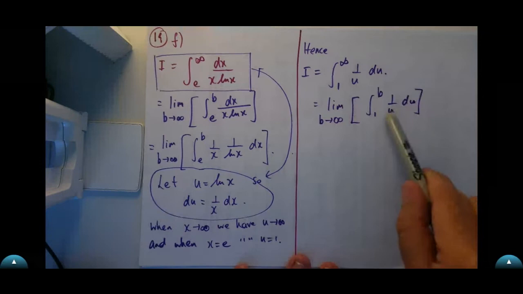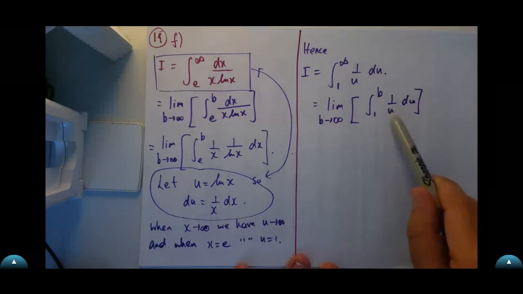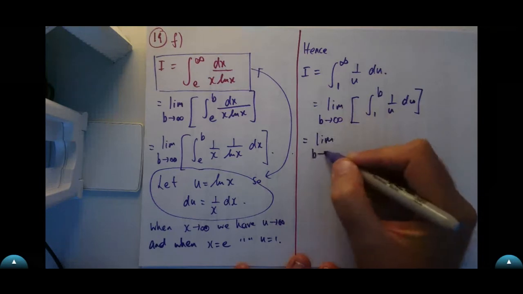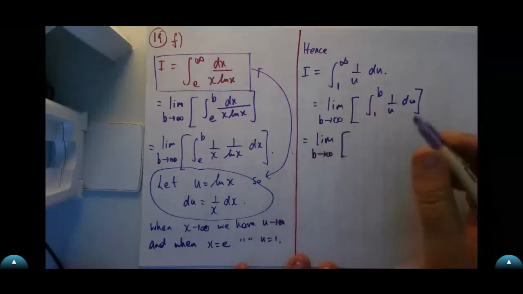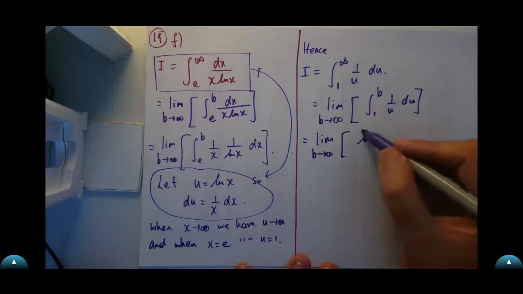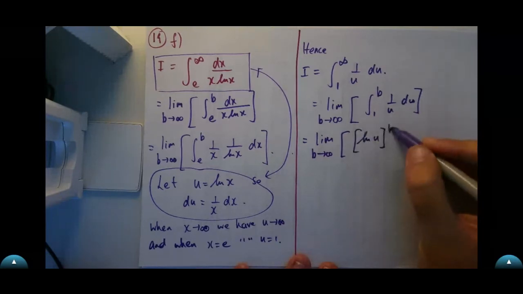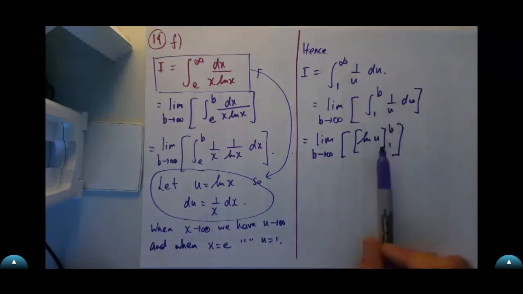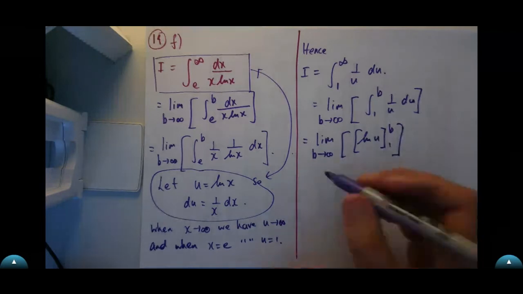Now this looks good because this is easy to integrate. Okay. You do the inside integration first. So 1 on u will become log u. Okay, so by the fundamental theorem of calculus, you can put in b and 1, and the last thing is to take the limit.